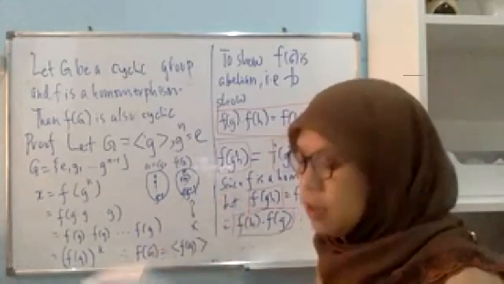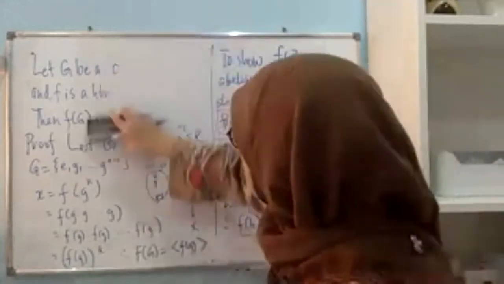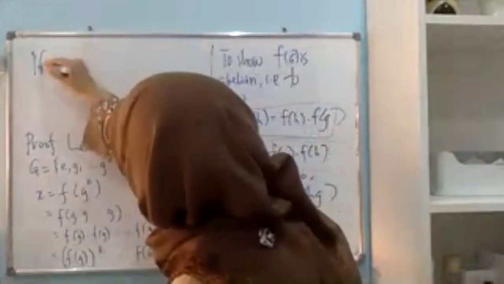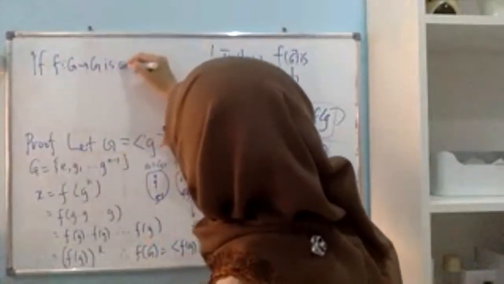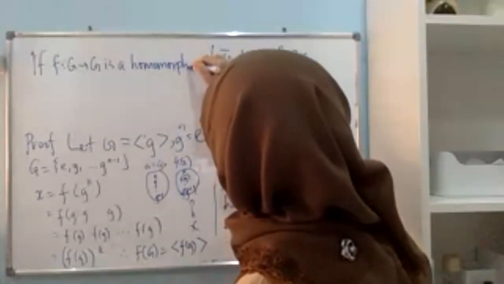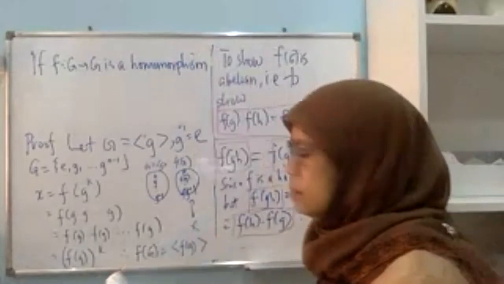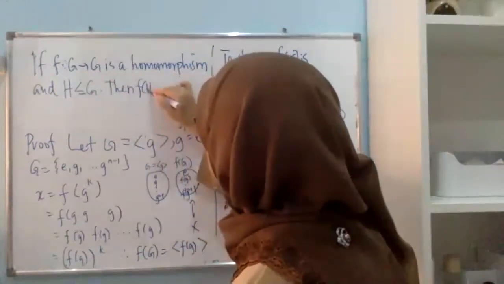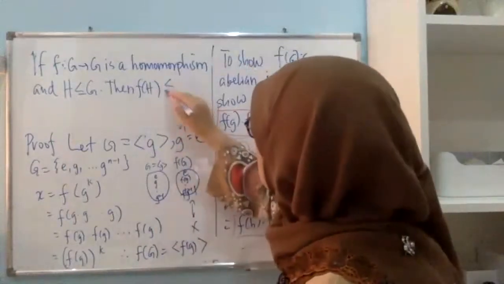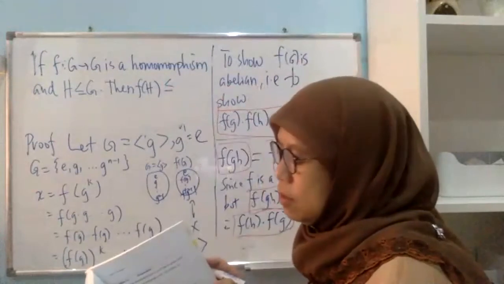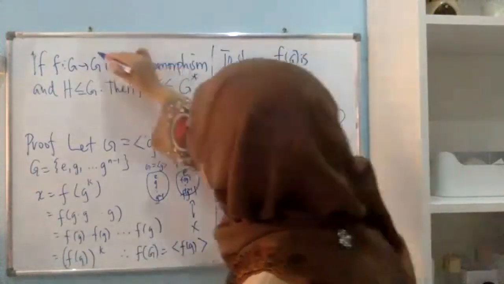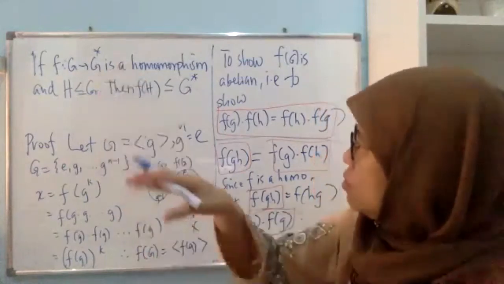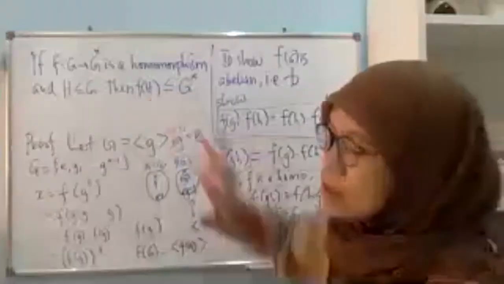So theorem 5.4 says, if f from G to G star is a homomorphism, and H is a subgroup of G, then f of H is a subgroup of G star.